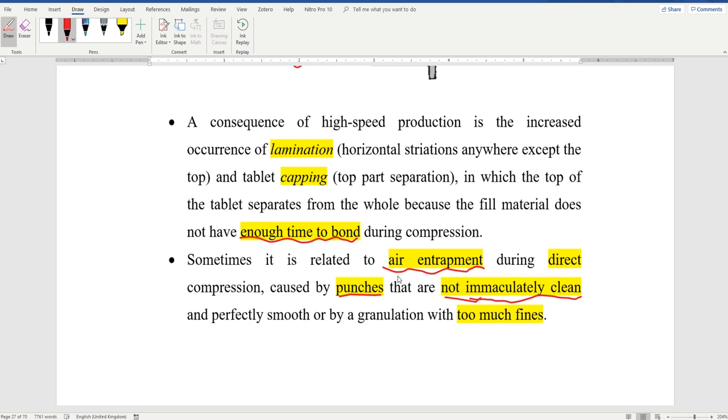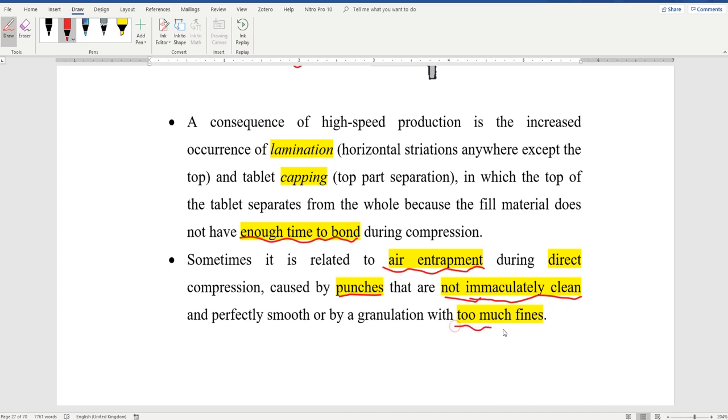And while the punches, lower and upper, are departing from each other, they may weaken the tablet. Why? Because the tablet surfaces want to adhere to the punches. While the punches are departing from each other, this might cause the tablet to break.